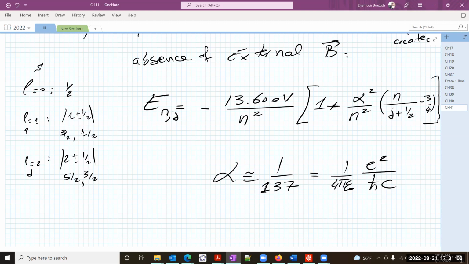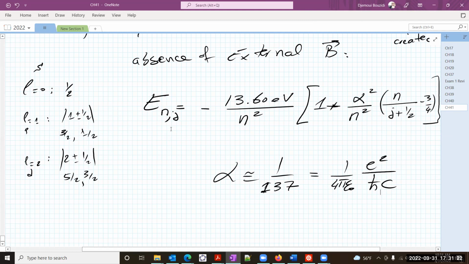So in this case, it's a tiny number, as you can clearly see. It actually has a numerical value of 7.3 times 10 to the negative 3. So it's a small number. Furthermore, it's divided by n squared. So the higher you go in the energy levels, the smaller this value is.